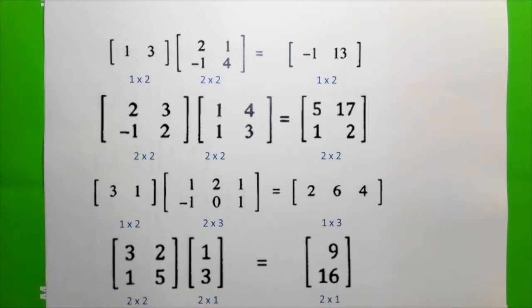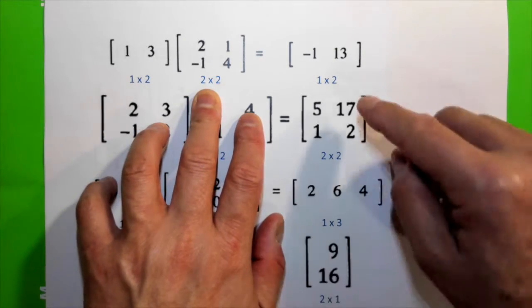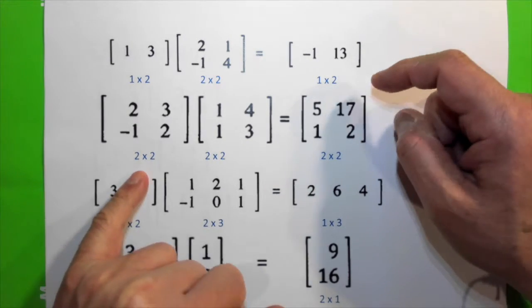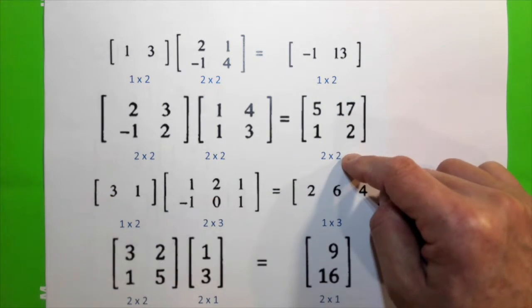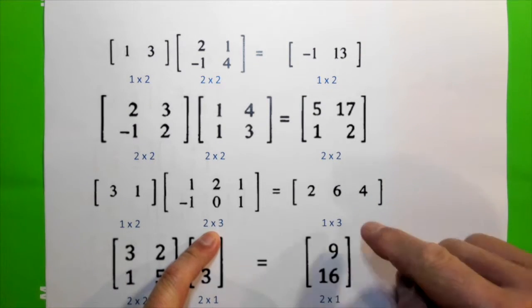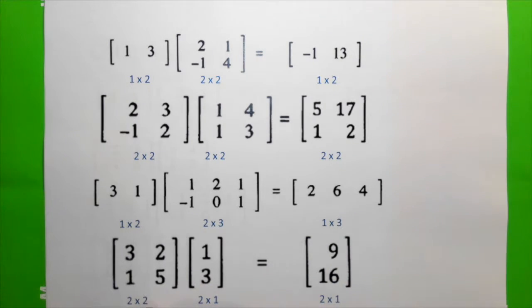Can you notice something? If I've got 1 by 2 times a 2 by 2, the end result is a 1 by 2 matrix. 2 by 2 times 2 by 2 is a 2 by 2 matrix. What about this? 1 by 2 and a 2 by 3, we got a 1 by 3 matrix. And if it is 2 by 2 and 2 by 1, it's a 2 by 1 matrix.